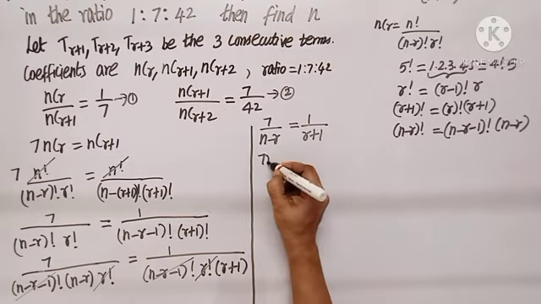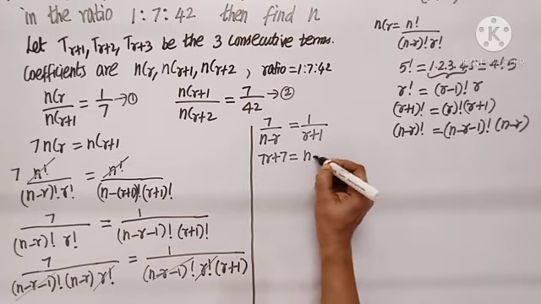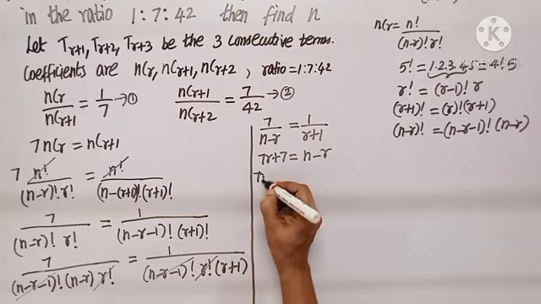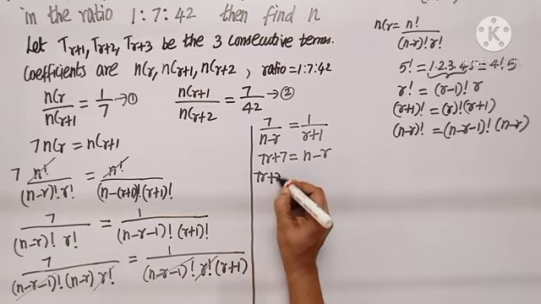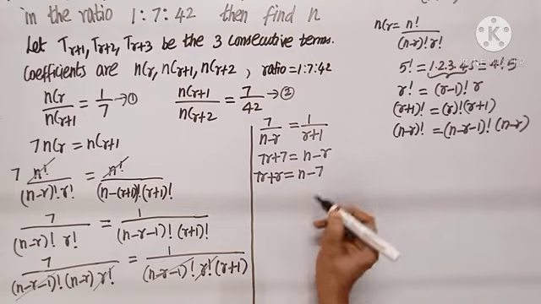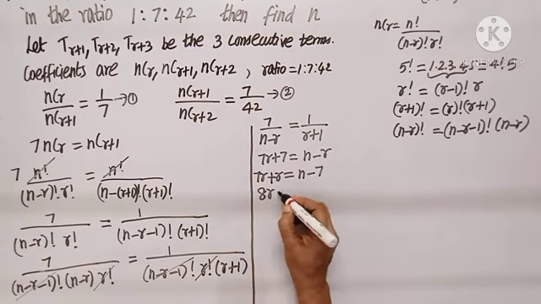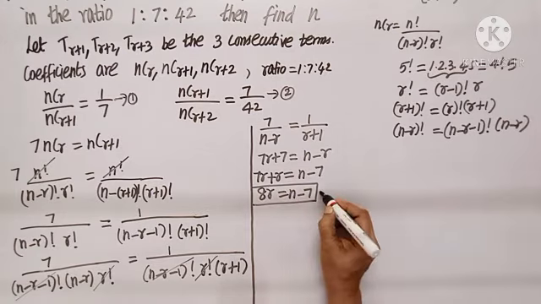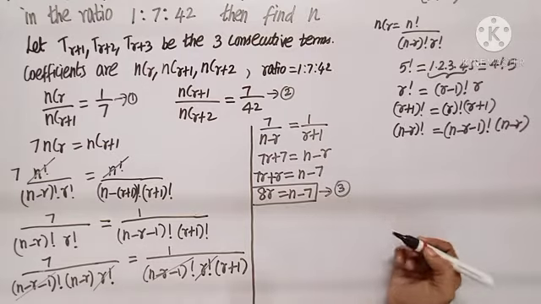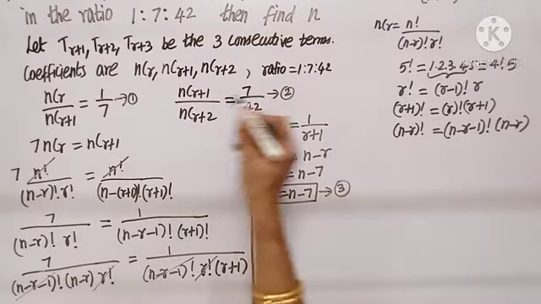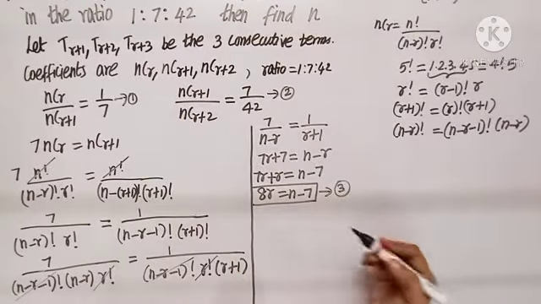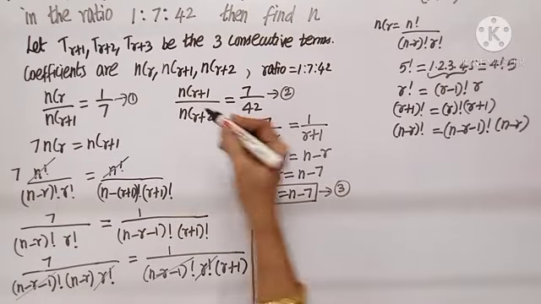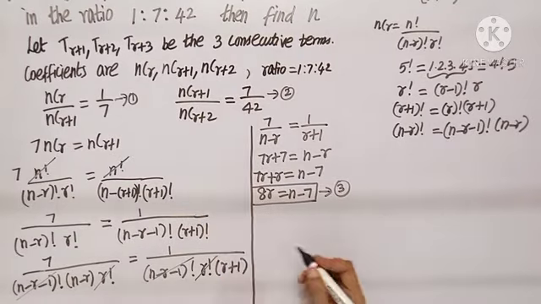Cross multiplying, 7r plus 7 equals n minus r, or bringing r here, 7r plus r equals n minus 7. 8r equals n minus 7. Call this equation number 3. Already the ratios we have named number 1 and 2. The same pattern. Let us work out the second equation.